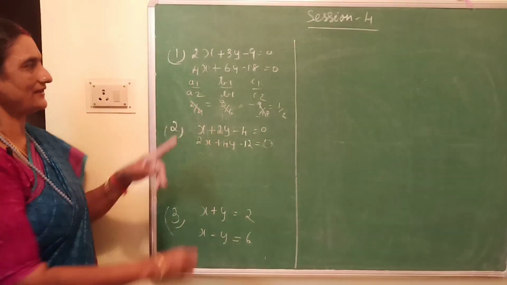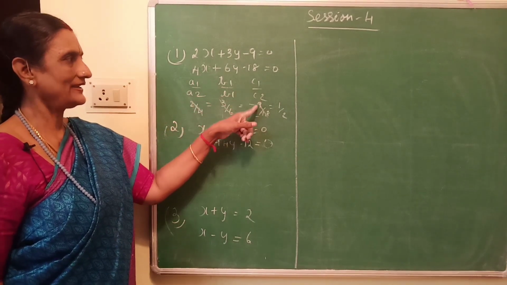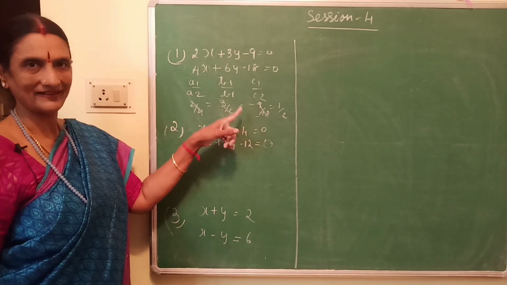So a1 by a2 equals b1 by b2 equals c1 by c2. We got it like this.